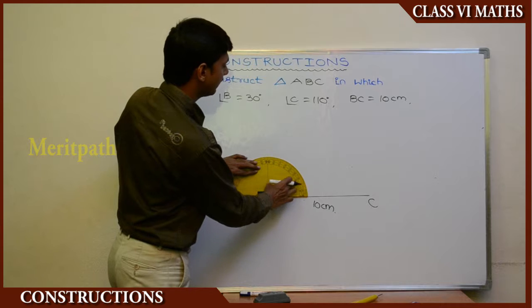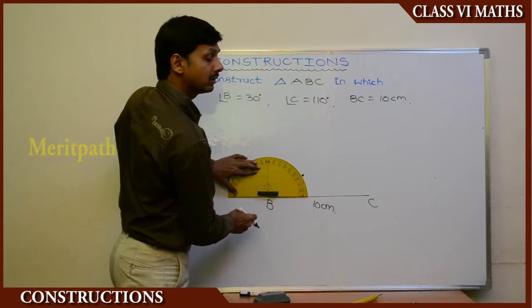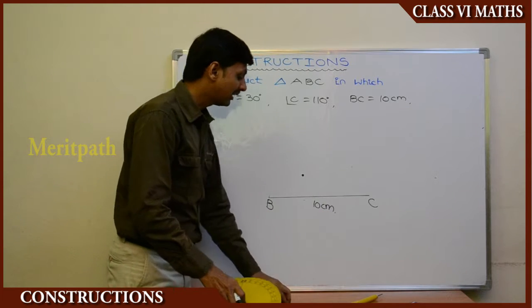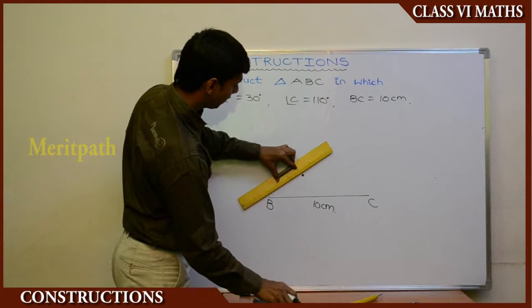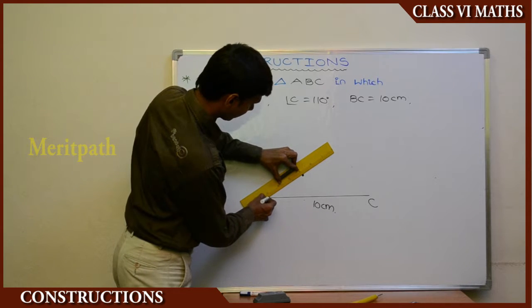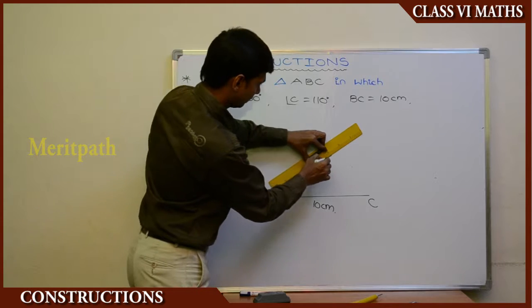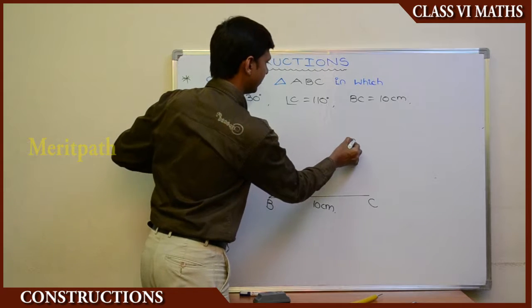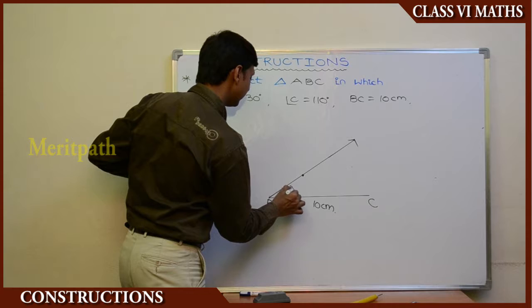So 0, 10, 20, 30. This is a 30 degrees angle. Now let's join with the vertex B. So angle B is 30.